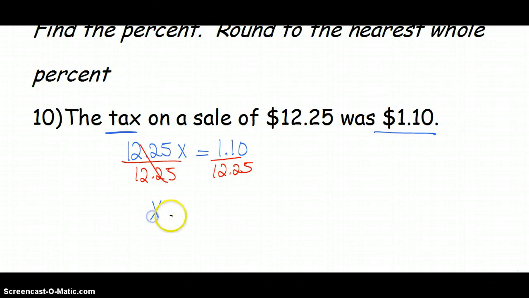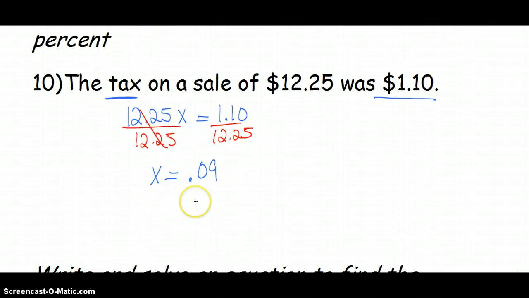So now I have X is equal to 0.09. Now in French, cent, C-E-N-T, means 100. So when I want to convert this decimal to percent, I know it's per 100. So X is equal to 9%. So if I multiply it by 100, I get 9%. It's going to move my decimal place 2 places.